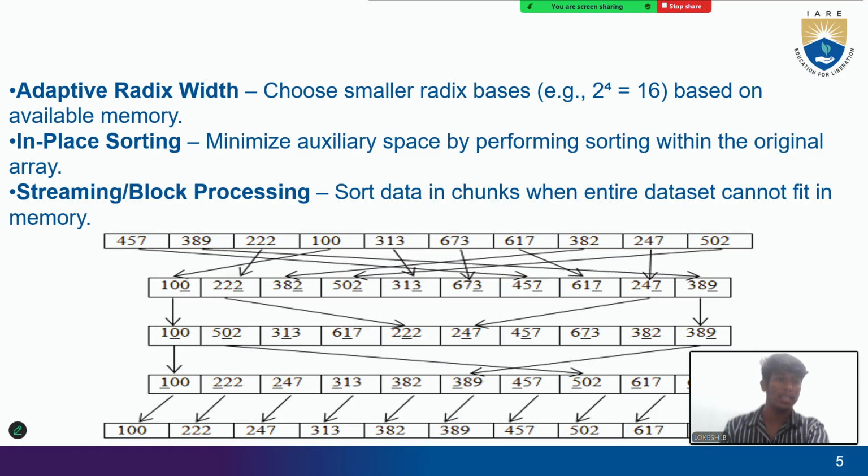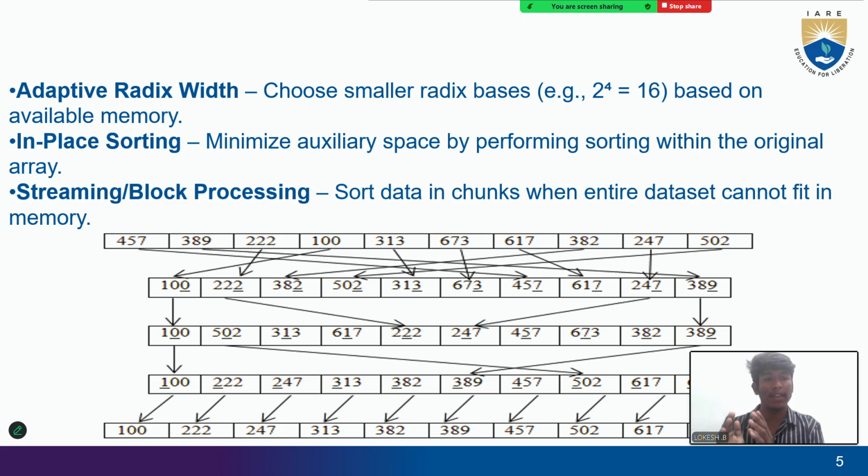Here, this is the standard radix sort. How the radix sort works and how it divides: first we take some elements. In the elements, we take the first significant bit, and we divide all the elements by 2, into two parts.